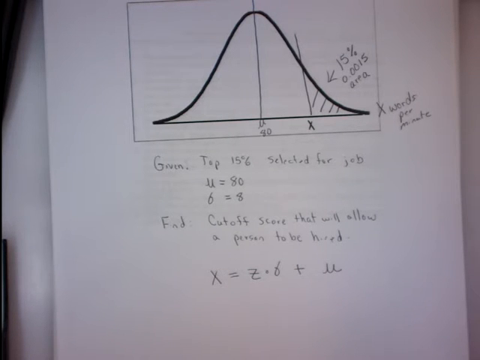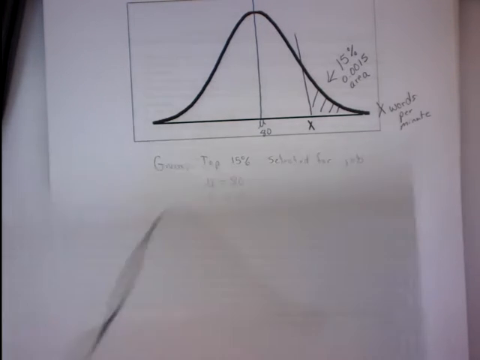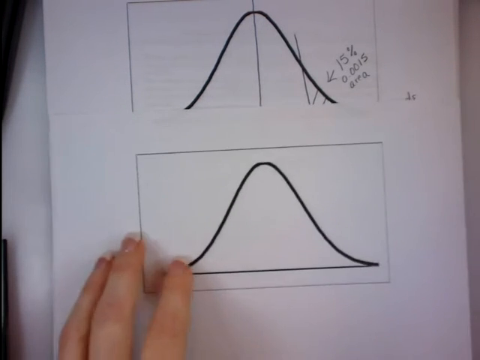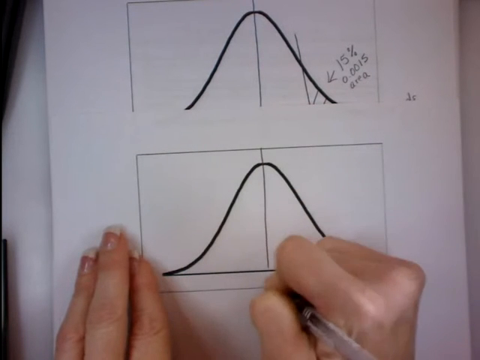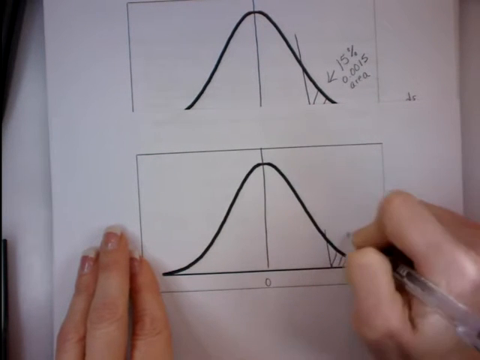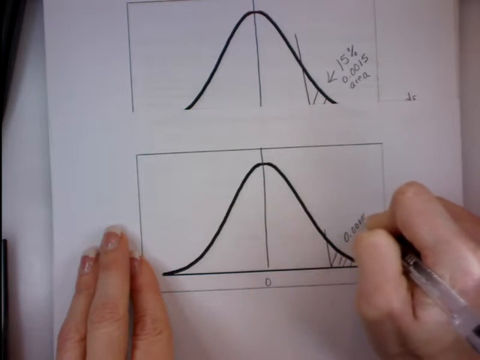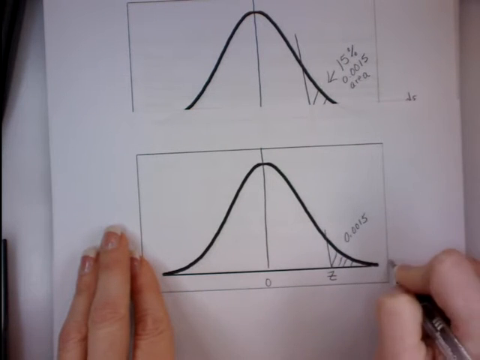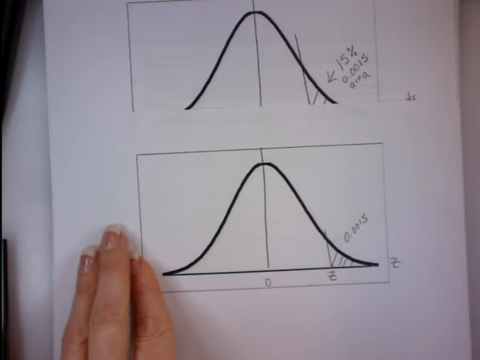You would take another normal distribution, and you would say the mean is 0, top 15%, and here's your unknown z on the z-axis.